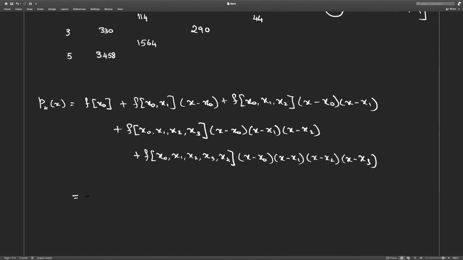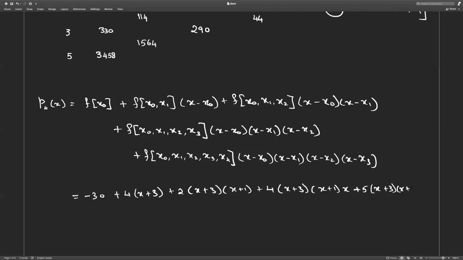You have minus 30 plus 4 into x plus 3 plus 2 into x plus 3 into x plus 1 plus 4 into x plus 3 into x plus 1 into x plus 5 into x plus 3, x plus 1, x, and x minus 3, right?